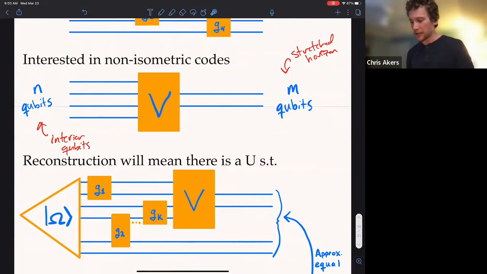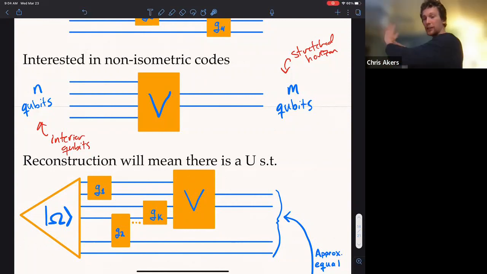You're supposed to imagine that the exterior Hawking quanta are playing the role of these guys, where V doesn't act on them non-trivially. That makes sense because the exterior guys can be far away.